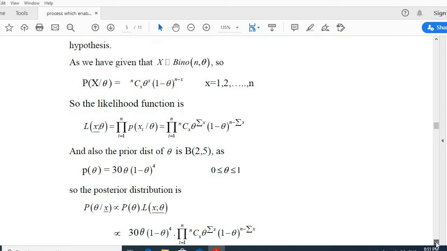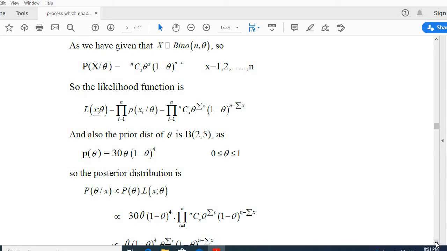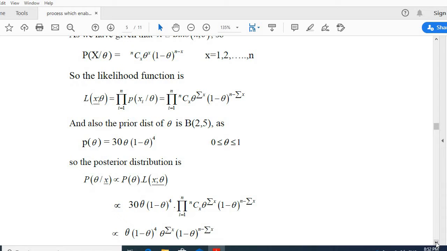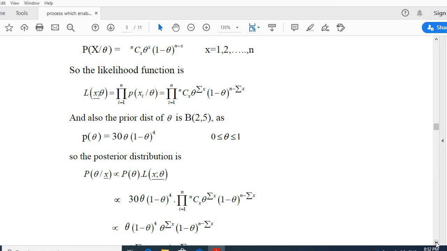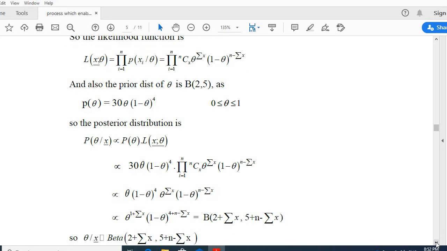So the posterior distribution of theta given x is proportional to 30 into theta into (1 minus theta) raised to power 4 into the product, i from 1 to n, of nCx theta raised to power sum of x, (1 minus theta) raised to power n minus sum of x.